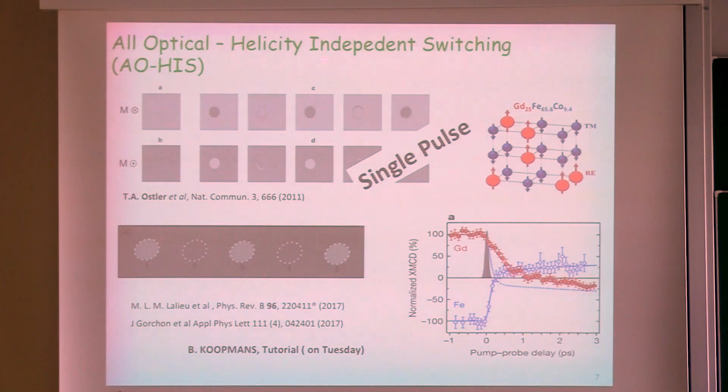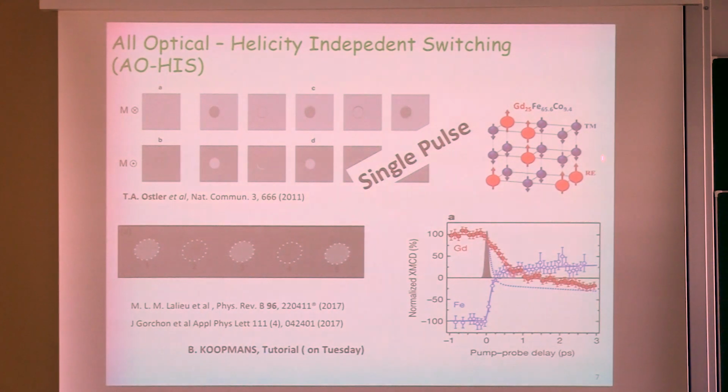And in order to make sure that you have all-optical helicity-independent switching, you need to have both, because one pulse is not enough to prove it. For example, you can have demagnetization fields that will create such a reversal. This was only observed on gadolinium-based materials.